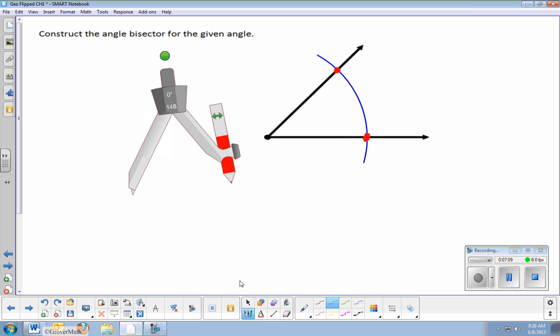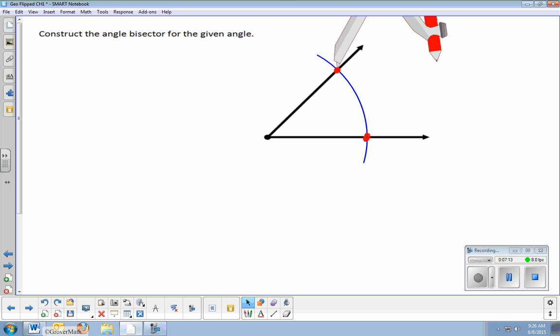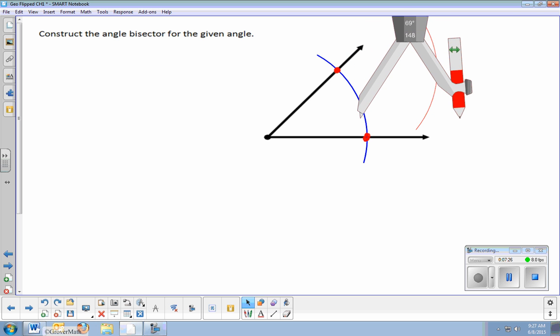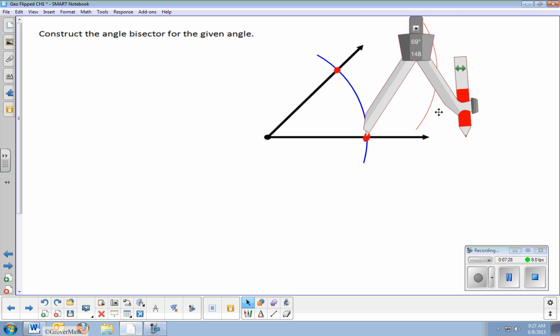And then what I want to do is move my compass to those points. And see how my compass is still the same radius length. And just draw an arc inside the angle like that. Come to the other point and do the same thing.